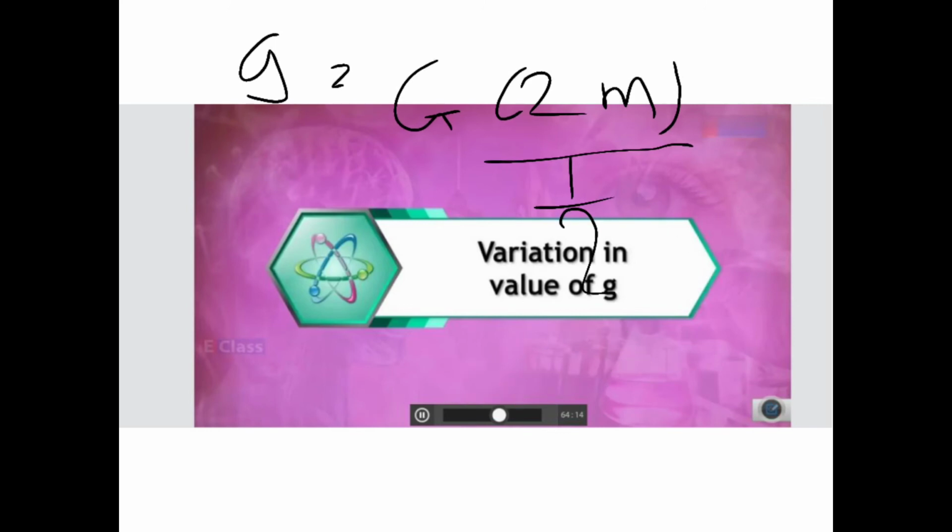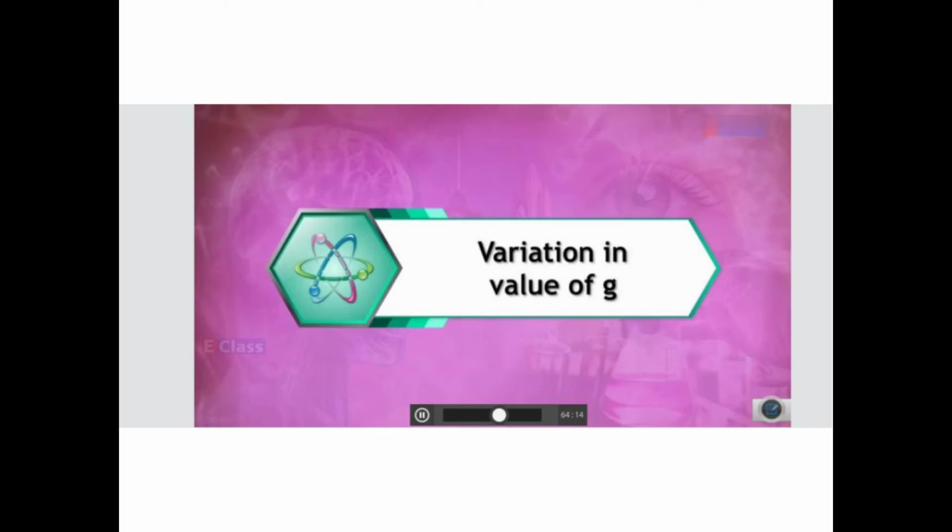Now children, as you are knowing that the earth is not exactly spherical in nature. How is the earth? Earth is little flattened at the top and the bottom, right?